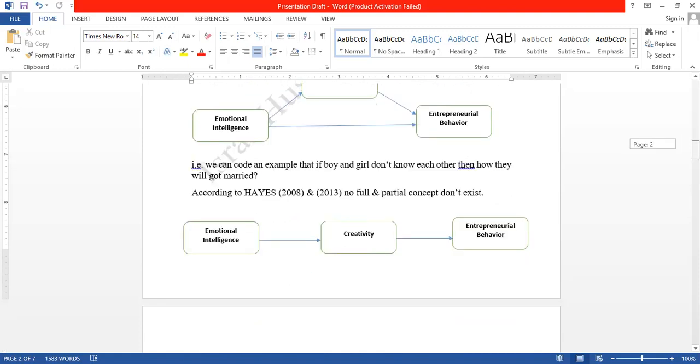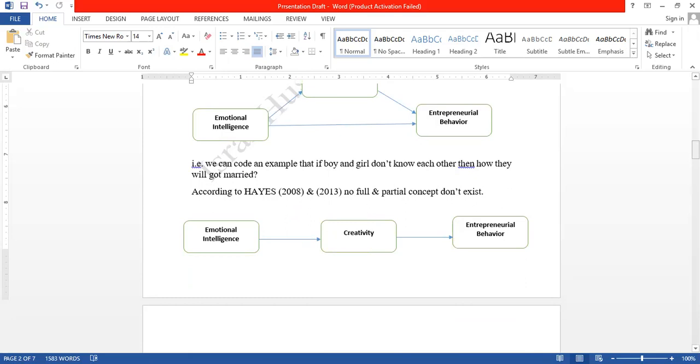According to them, in 2008 and 2019, they said that there is no full or partial relationship between the variables. They also directly quote this with an example.